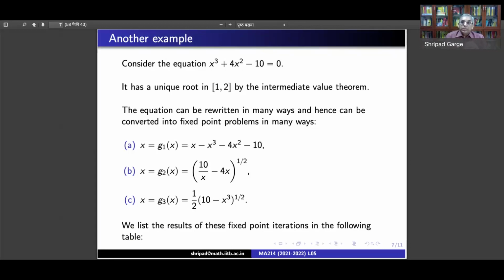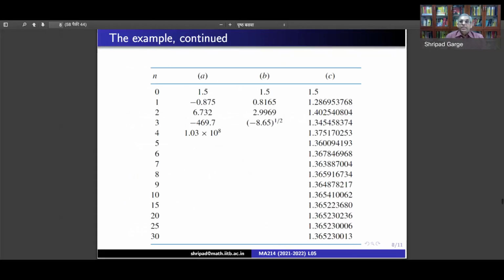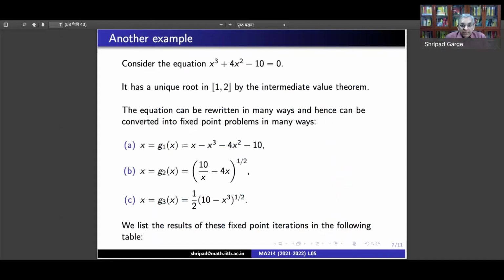We will do the same for g2 and the same for g3. The results are here. Remember, a is this g1, which is actually the simplest one. All the other functions have square roots involved in them, whereas a has a very nice looking fixed point problem.